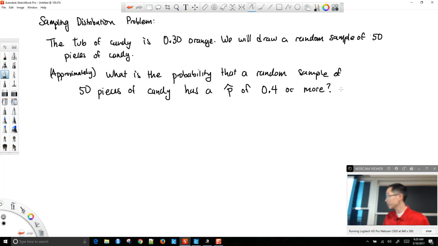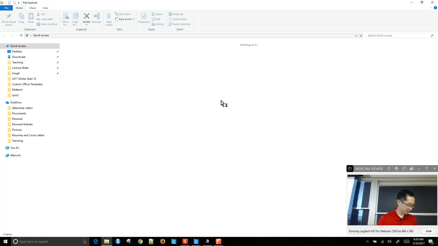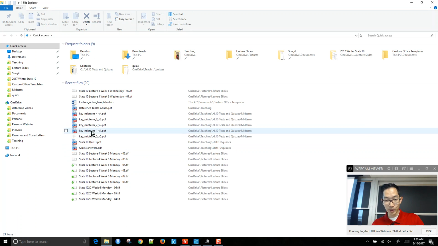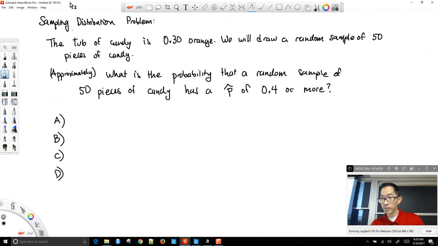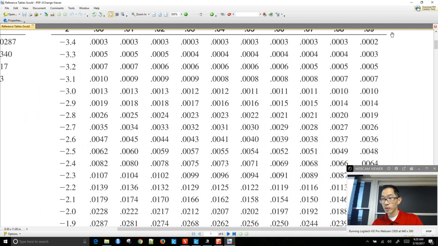Z table. Okay. Well, we'll make a clicker question out of this. I've got to make up some answer choices here for you guys. I don't have my Z table, so let me just do the math here.